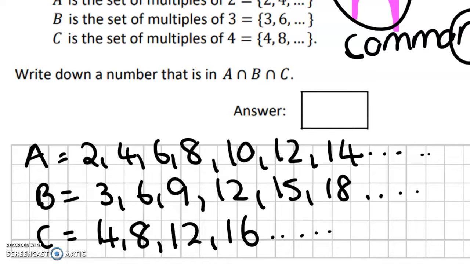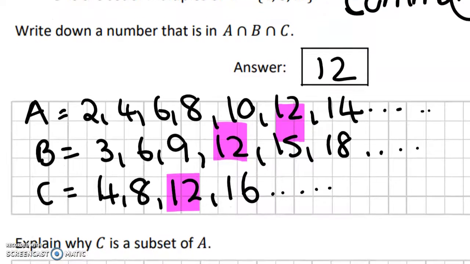Okay, it says write down a number that is common to A intersection B intersection C. A number, so it's not a definite one here. One thing I can see straight away is that we're getting 12s. Look, 12 is a number that's in common. So once it's common to all three, I just write in 12.